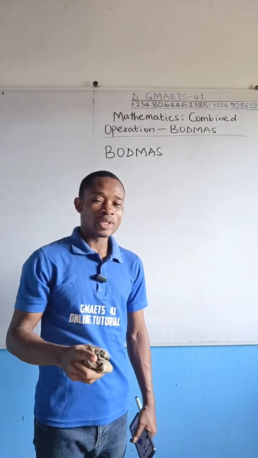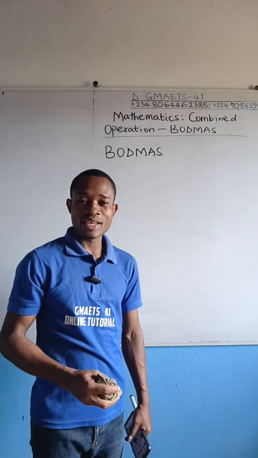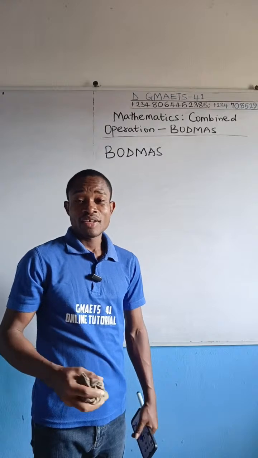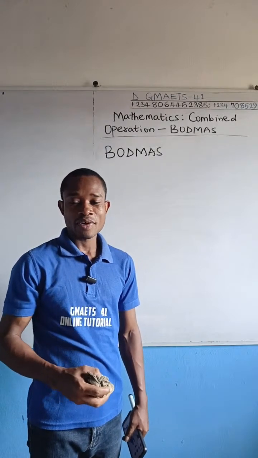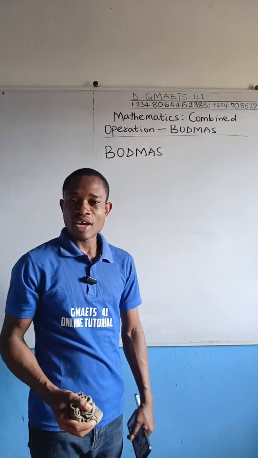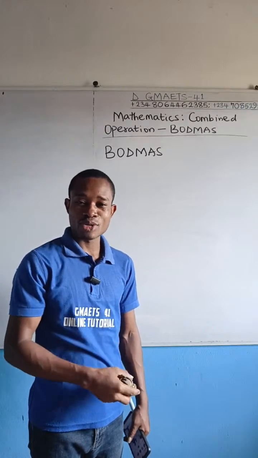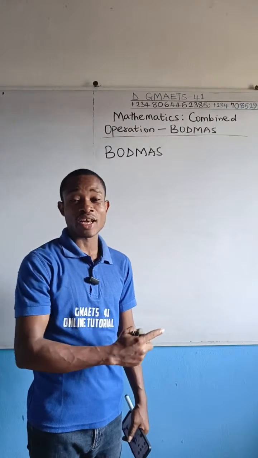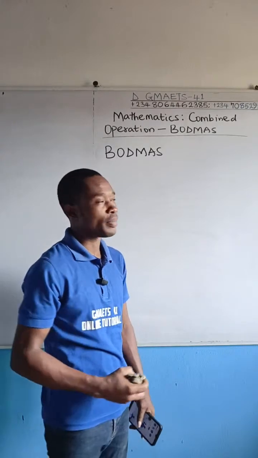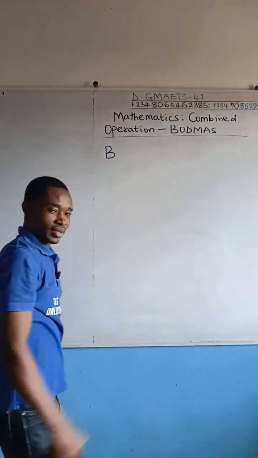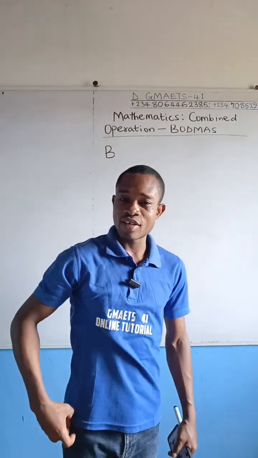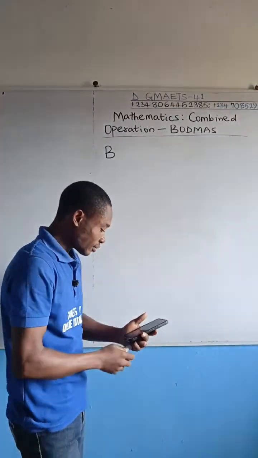Take note, when we talk about basic class, this includes scholars from primary 4, primary 5, primary 6. Yes, we have those in primary 3, primary 2, primary 1, but the focus of this channel goes from primary 4 up to JSS 3. That is basic 4 to basic 9.